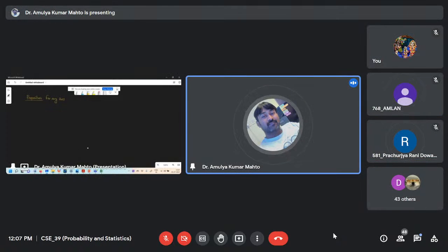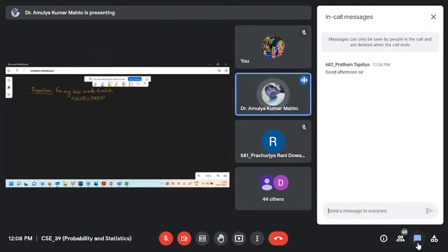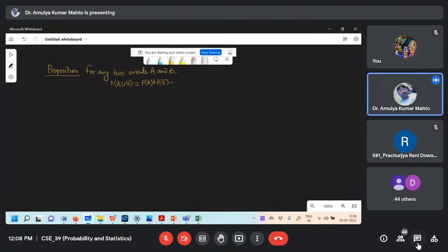So for any two events A and B, we have seen this property: probability of A union B is equal to probability of A plus probability of B minus probability of A intersection B. That we have already seen, if you remember.